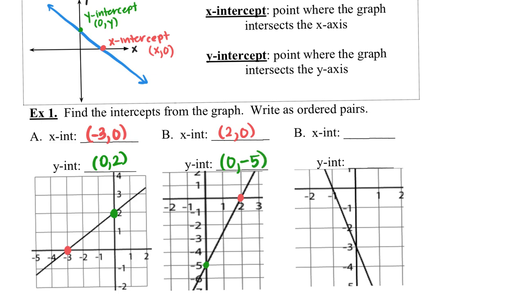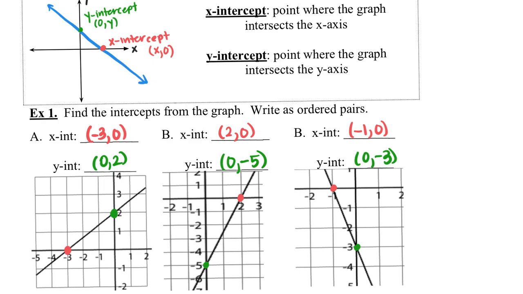Let's do one more. The x-intercept is right there at the -1, but the ordered pair is x is -1, up 0. The y-intercept is down at -3, so 0, comma -3.